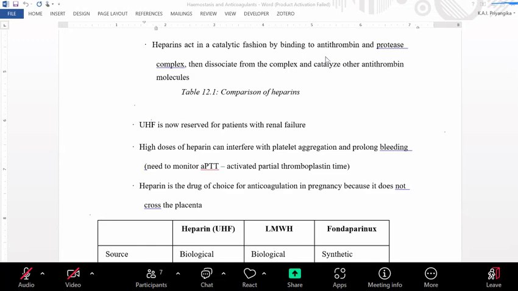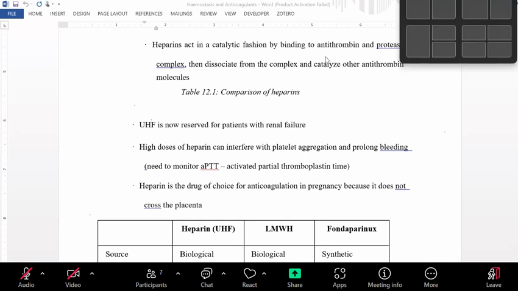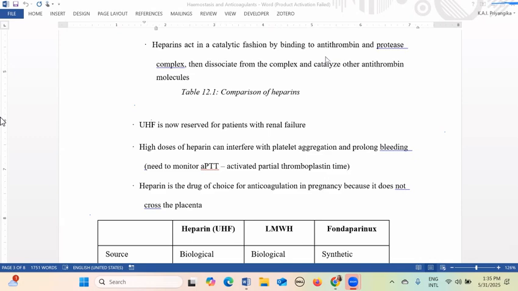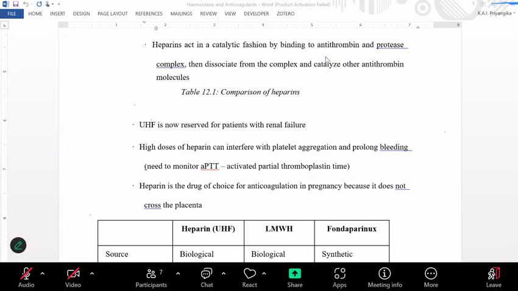When somebody is pregnant, certain things are given: iron, calcium, vitamins, because they are required. But heparin is nothing like that. If there is a need for an anticoagulant, heparin is a good choice because it does not cross the placenta. That means it does not affect the baby or the fetus.